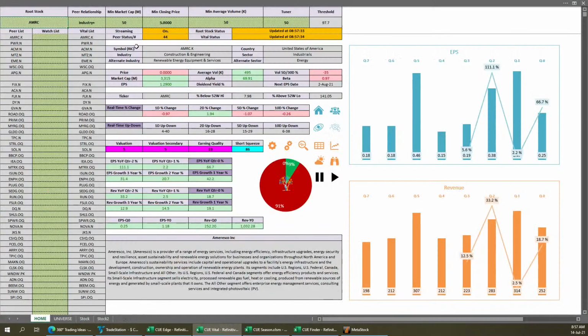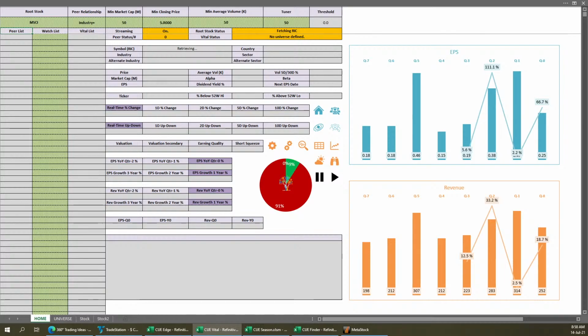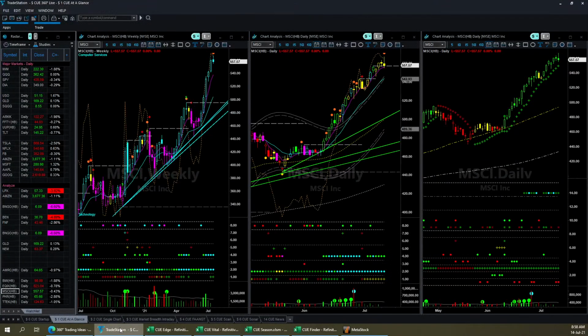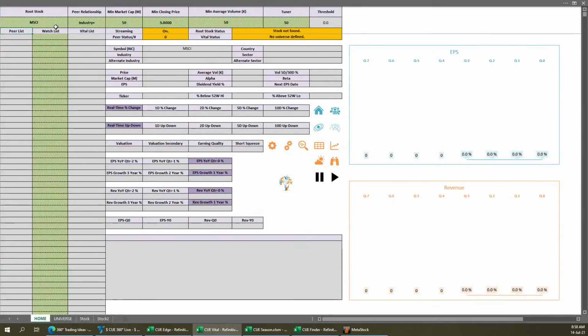Let's check the fundamental and industry. MSCI. Stock not found. I typed the code wrongly. MSCI. No, it may not be a stock, maybe an ETF.